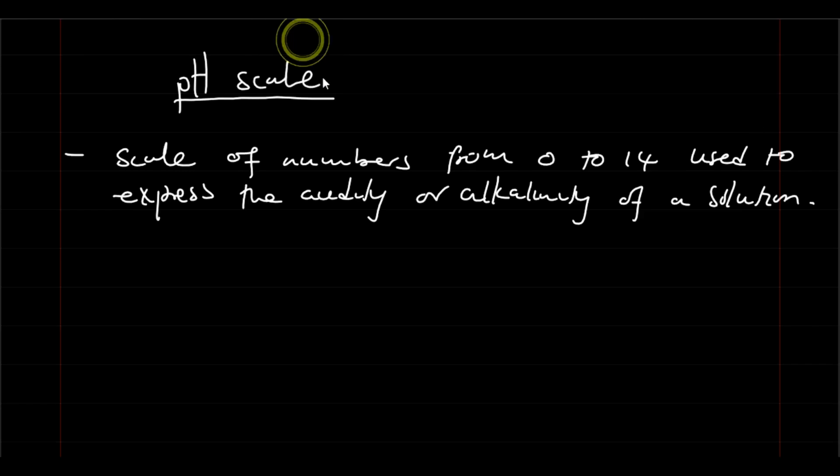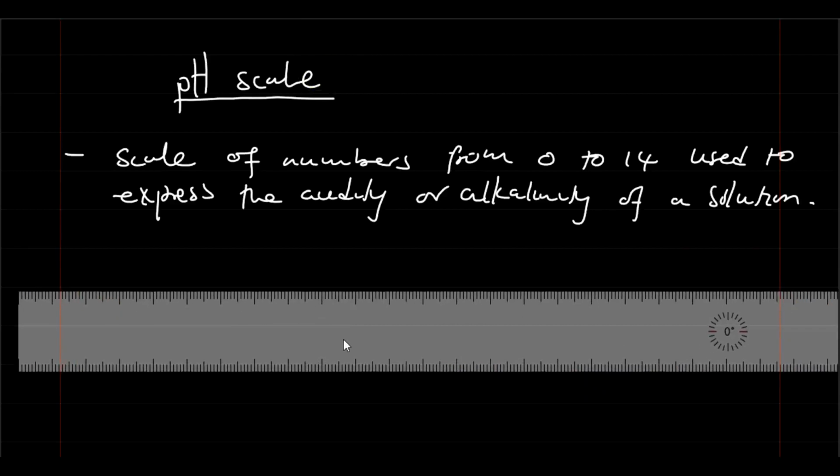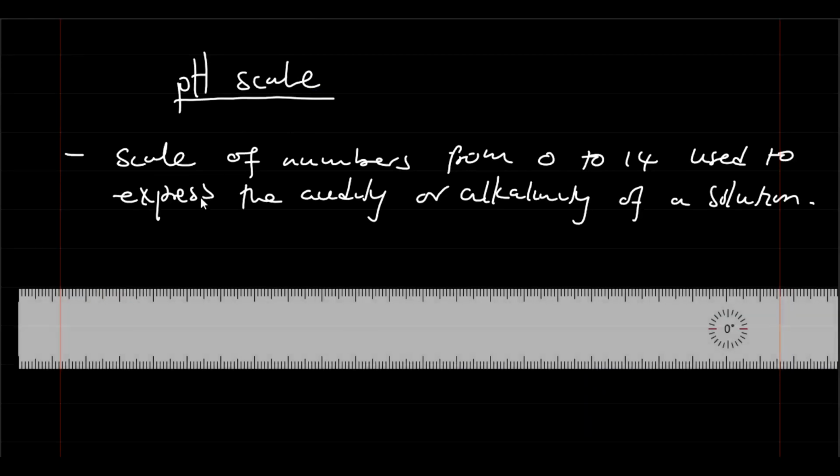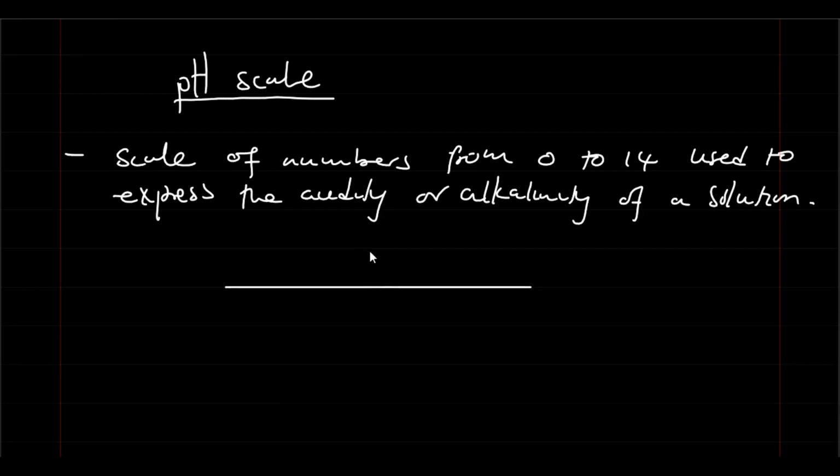So now let's draw our nice scale here. So now if this is 7, then here we have 0, and then here we have 14. So here this is the borderline.